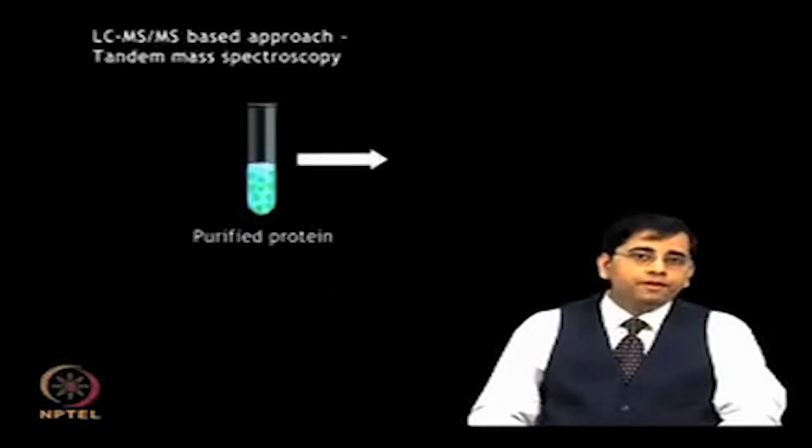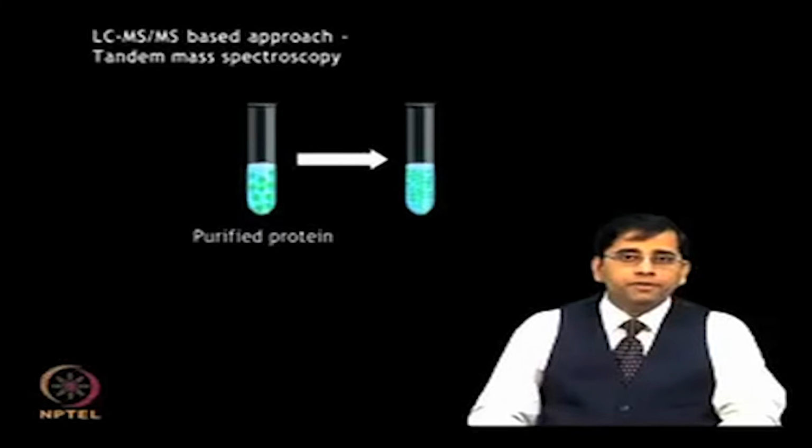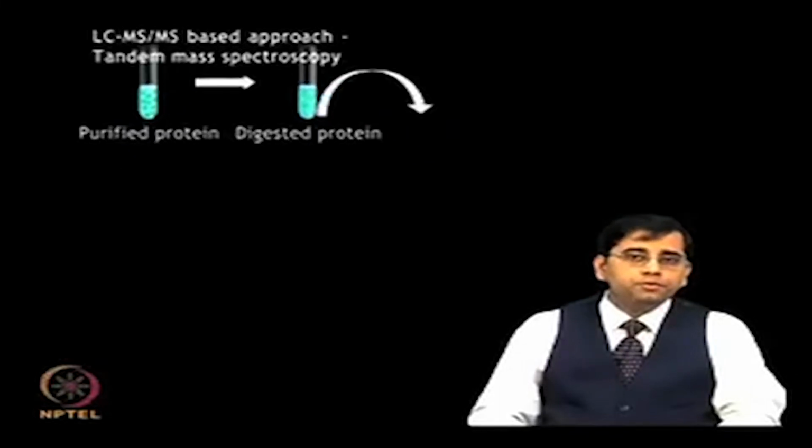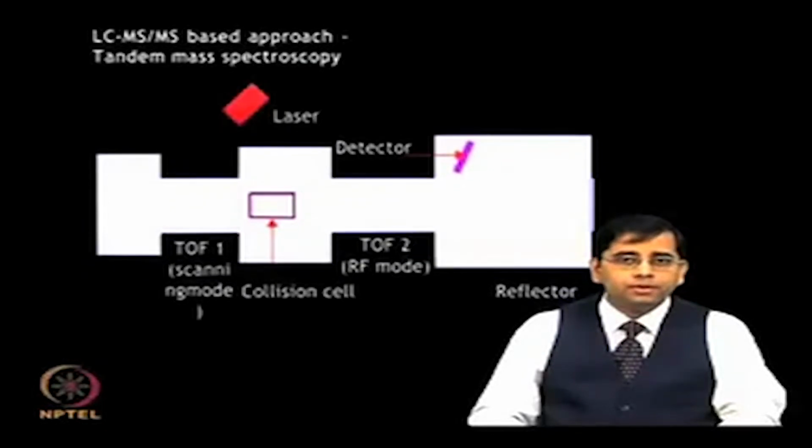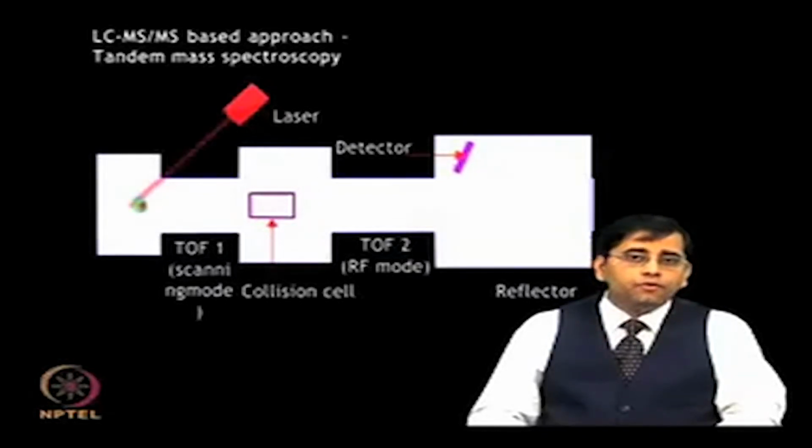The protein purified by liquid chromatography is then subjected to tryptic digestion followed by analysis using tandem mass spectrometry. Here I have demonstrated the use of multi-TOF MS for resolution of the generated ion fragments.